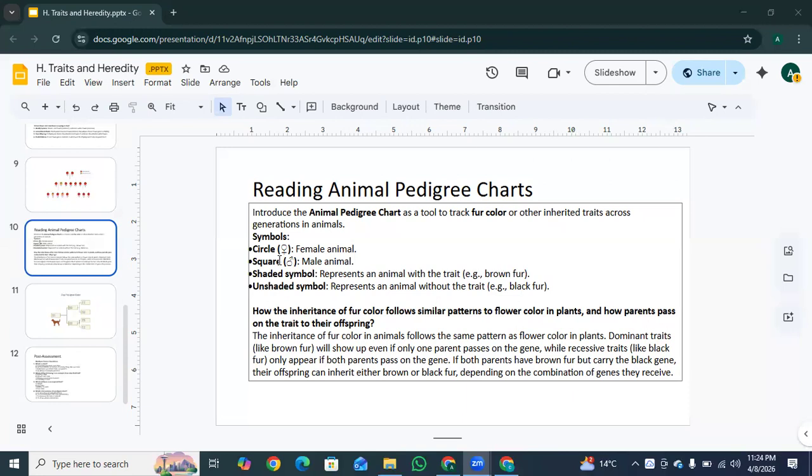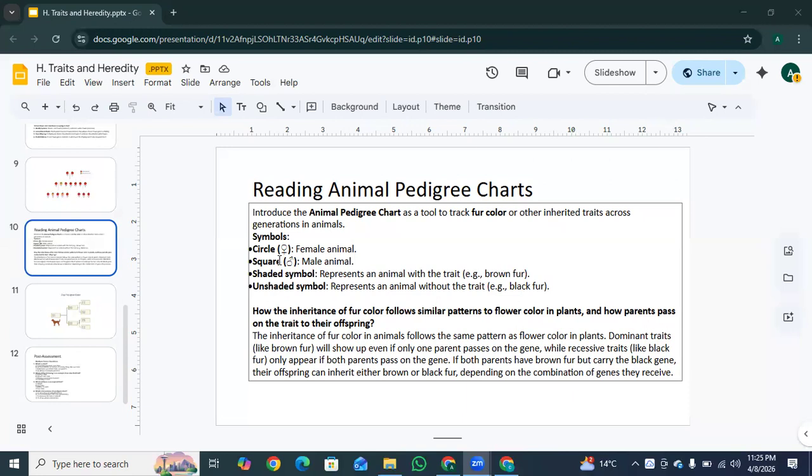So the next one is how the inheritance of fur color follows similar patterns to flower color in plants and how parents pass on the trait to their offspring. The inheritance of fur color in animals follows the same pattern as flower color in plants.